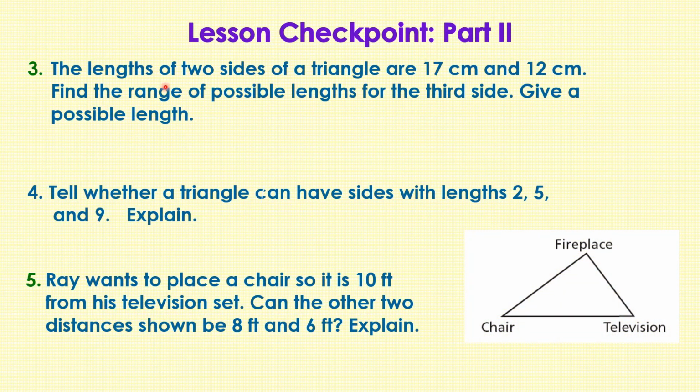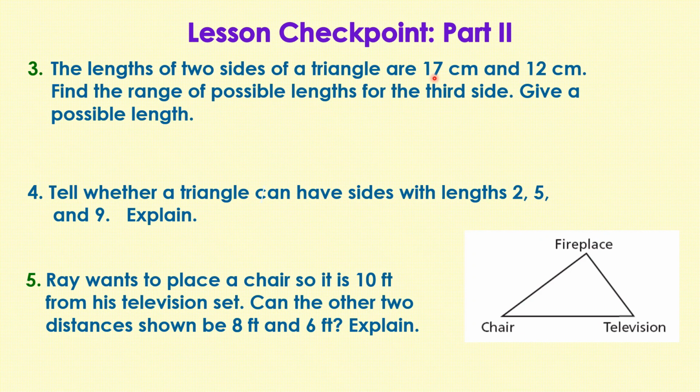Number 3. The lengths of two sides of a triangle are 17 centimeters and 12. Find the range of possible lengths for the third side. Give a possible length. So, what did we do first? We add 17 and 12, which is 29 centimeters. Very good.